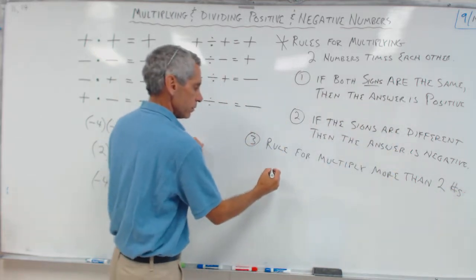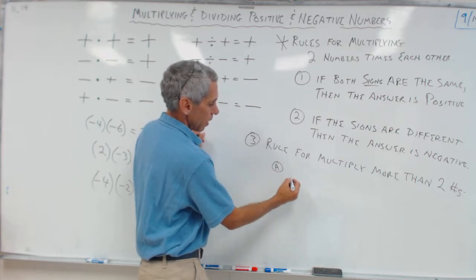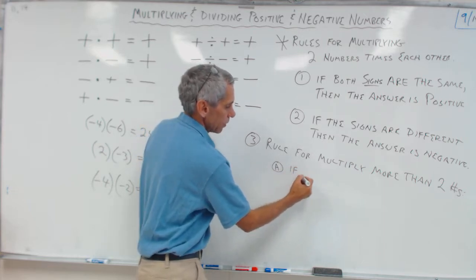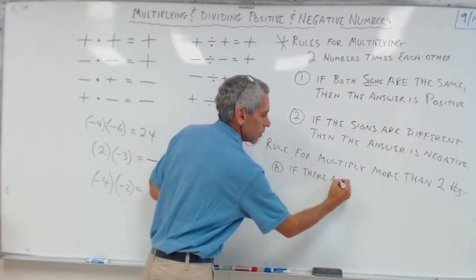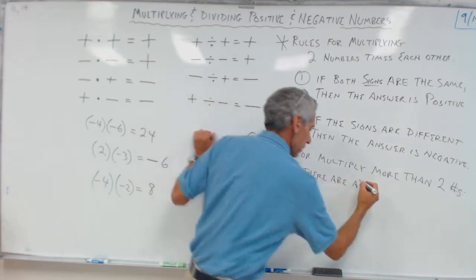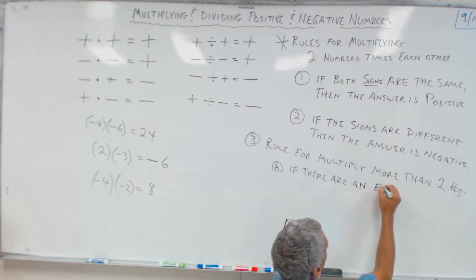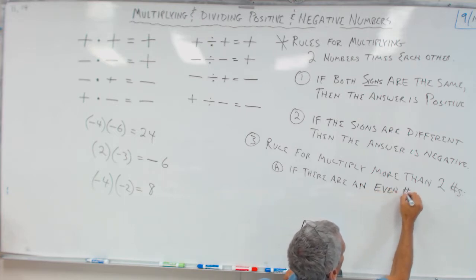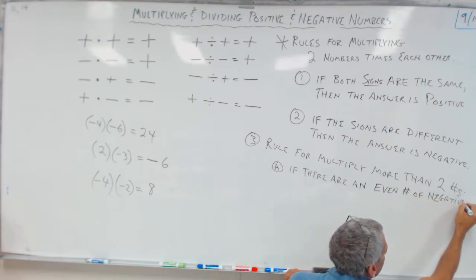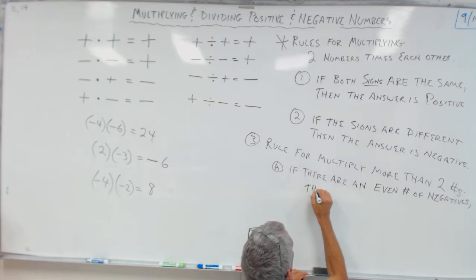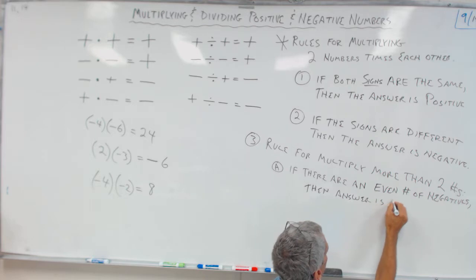Okay, here we go. So there's A and B, I guess, right? If there are an even number of negatives, then the answer is positive.